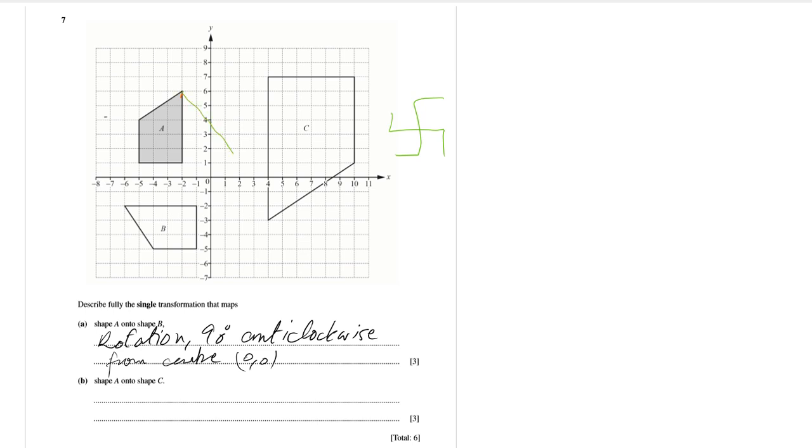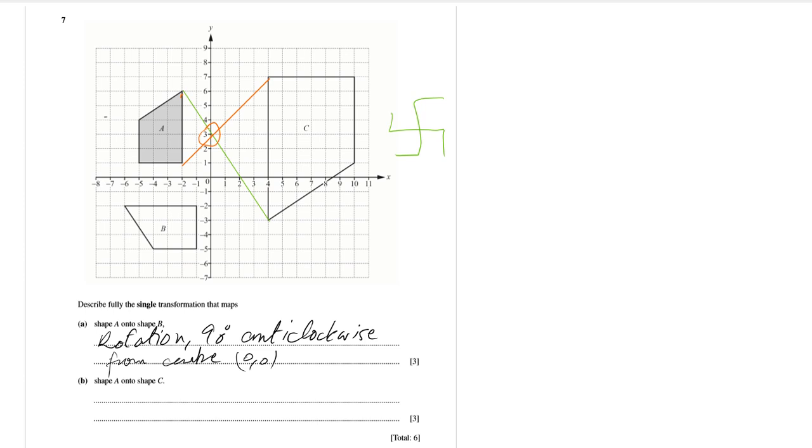So just join this corner with this corner and join any other two corners. I'm using this one. So you can see my lines are not exactly straight, but it has to be this point over here.